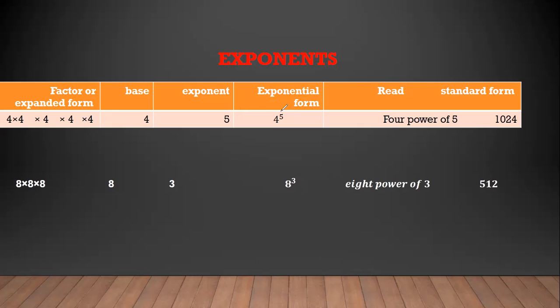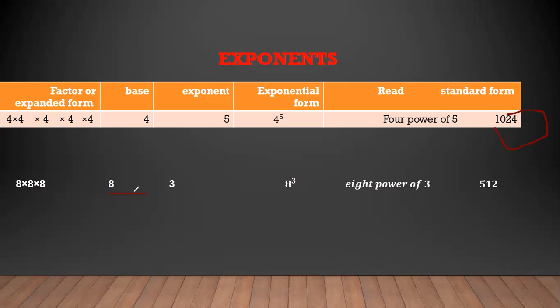The standard form: I will find the product. 4 by 4 is 16, and 16 by 16 by 4 is equal to 1024. Next example, factor or expanded form: 8 times 8 times 8. 8 is called what?